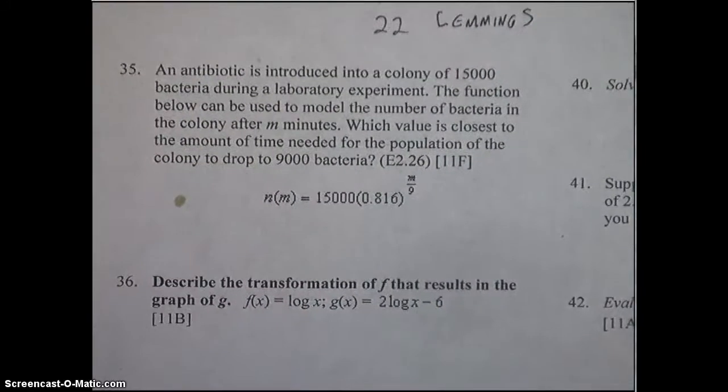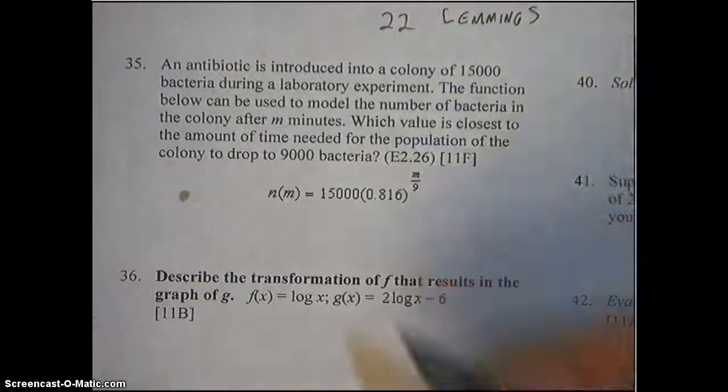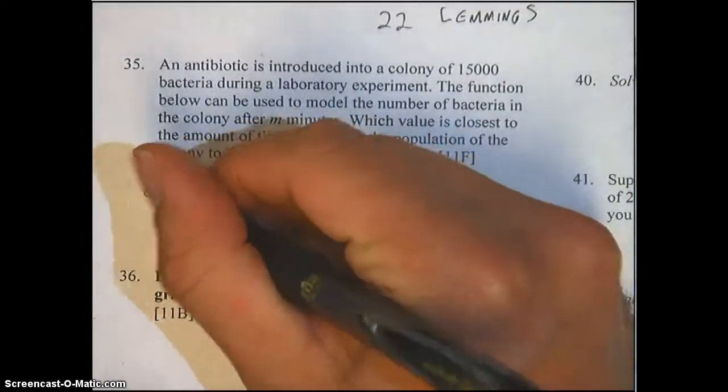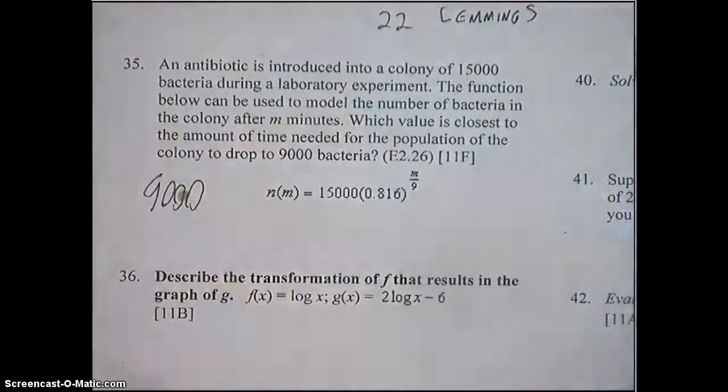35. An antibiotic is introduced into a colony of 15,000 bacteria during a lab experiment. The function below can be used to model the number of bacteria in the colony after m minutes. Which value is the closest to the amount of time needed for the population of the colony to drop to 9,000 bacteria? So that means that we're going to have 9,000 left.